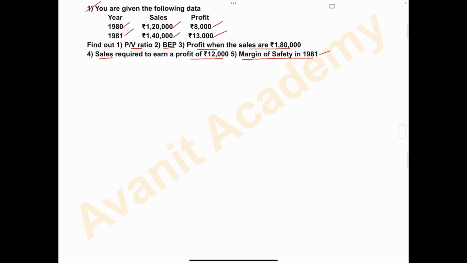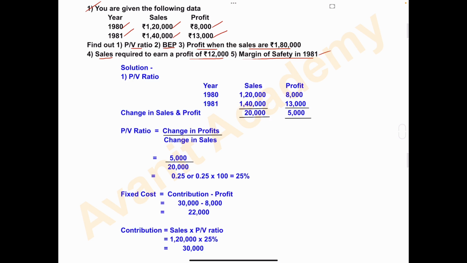Okay, let's start the solution. First, we have to find out PV ratio. Whatever information they have given, write down here, that is year 1980 and 1981. Sales in 1980 is 1,20,000 and in 1981, 1,40,000. Profit in 1980, 8,000 and in 1981, 13,000.